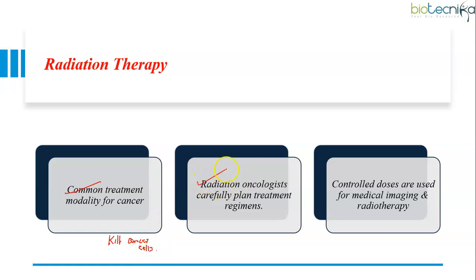Radiation oncologists have to carefully plan the treatment regimes to deliver precise doses of radiation to tumor tissues while minimizing damage to surrounding healthy tissues. So controlled doses are used for medical imaging and radiotherapy. However, kindly note, high doses can cause visually dramatic radiation burns or rapid fatality through acute radiation syndrome.